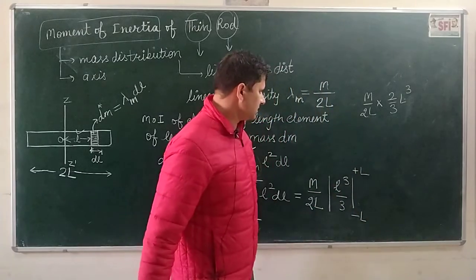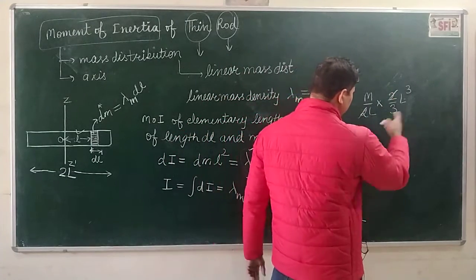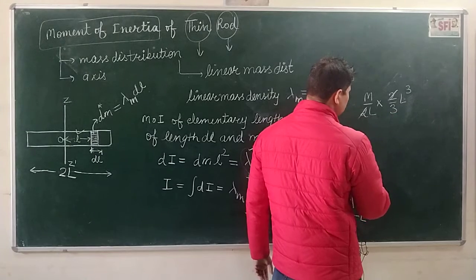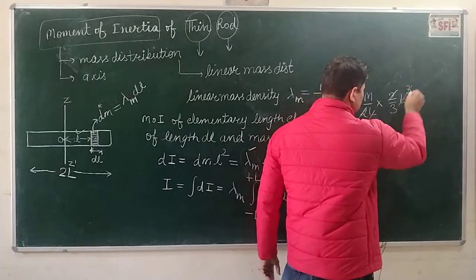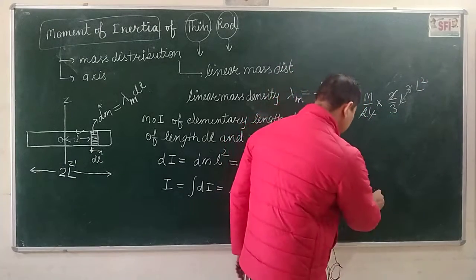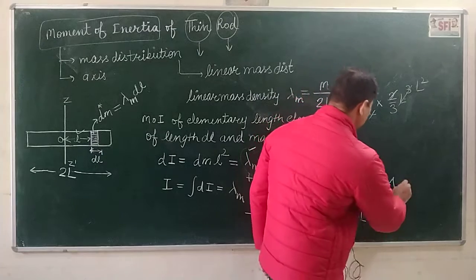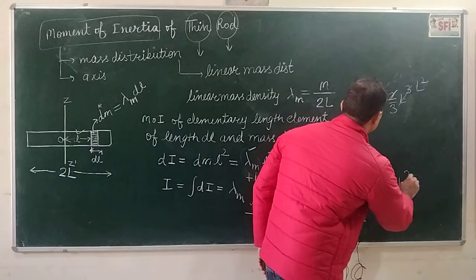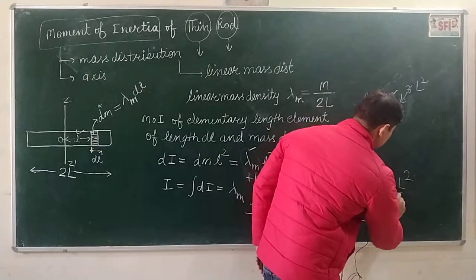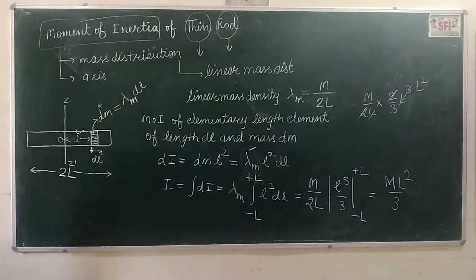I think this will be the result. So 2 will cancel here, and L will also cancel, and you will get M L square by 3.